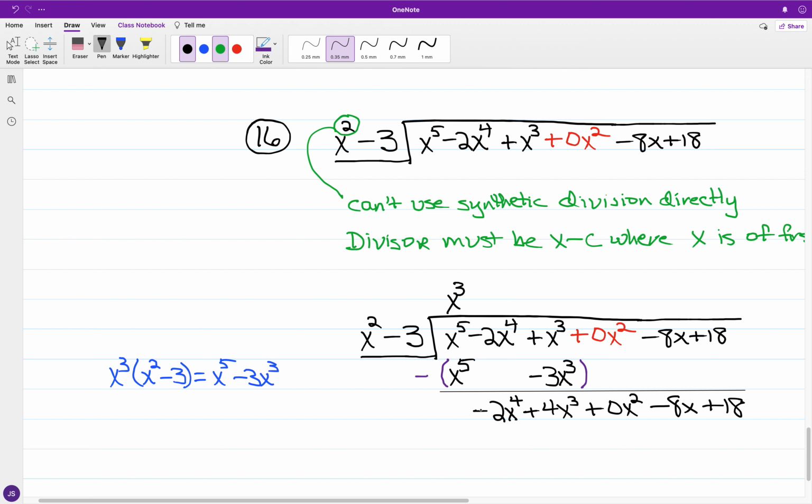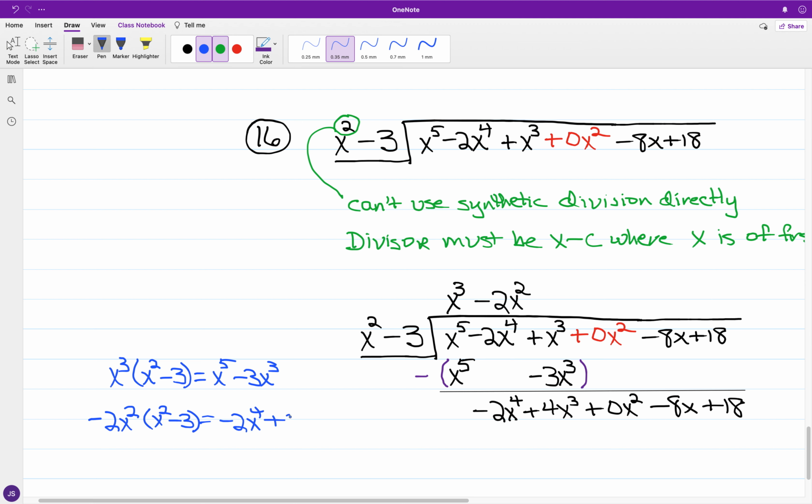So we have the next leading term, negative 2x to the 4th. And if I take x squared into this, negative 2x to the 4th divided by x squared is going to be minus 2x squared. So for minus 2x squared times x squared minus 3, that will be negative 2x to the 4th.